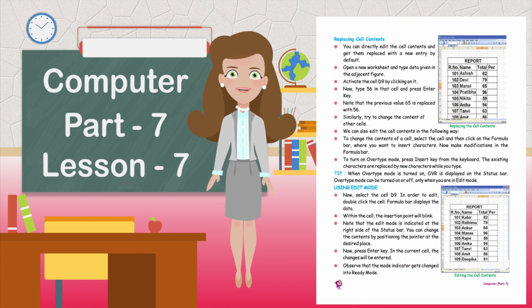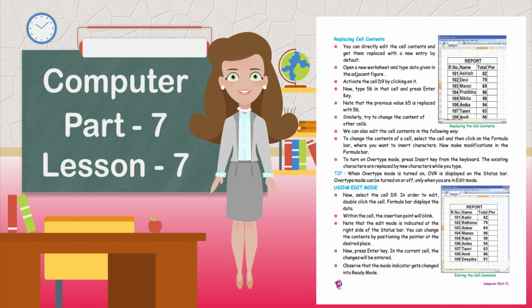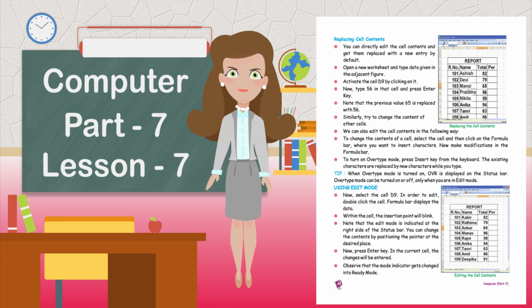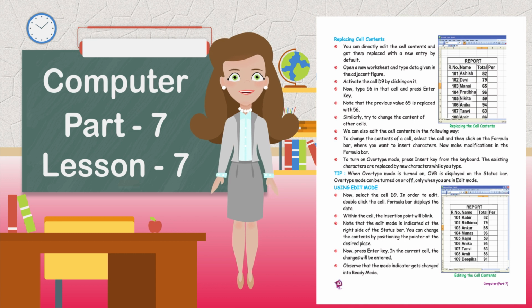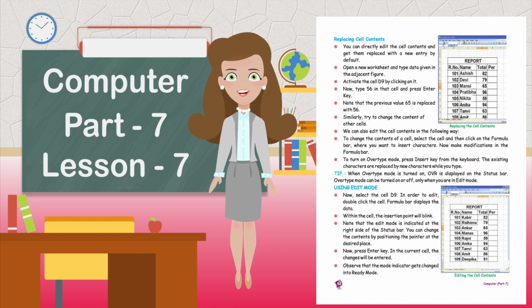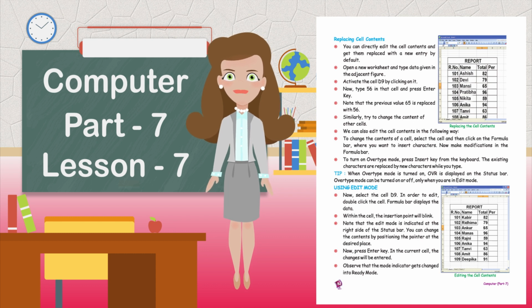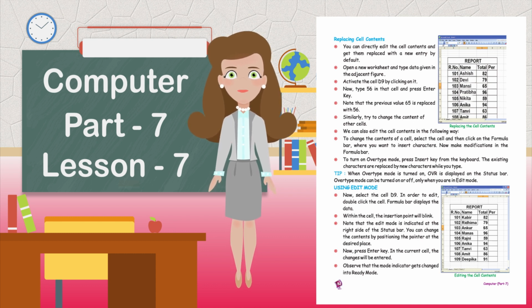You can change the contents by positioning the pointer at the desired place. Now press the Enter key. In the current cell, the changes will be entered. Observe that the mode indicator changes to Ready mode.